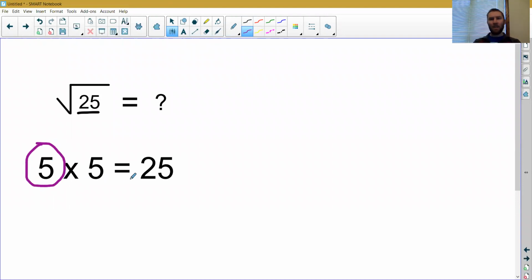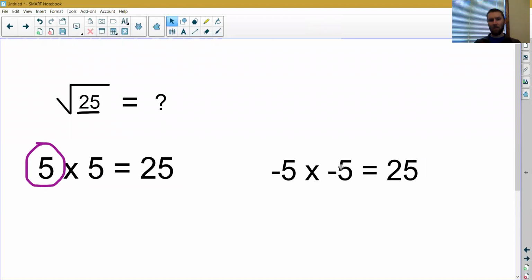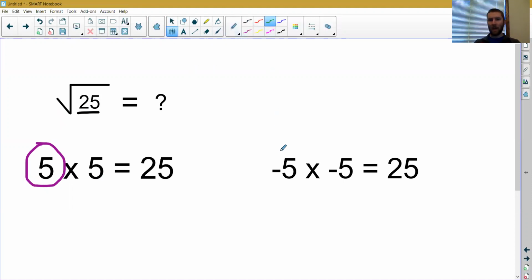But remember what we just had on our previous slide, right? We also had that -5 multiplied by -5 is equal to 25. So this indicates to me that when I multiply -5 times itself, I get 25, which means the square root of 25 could also be -5.